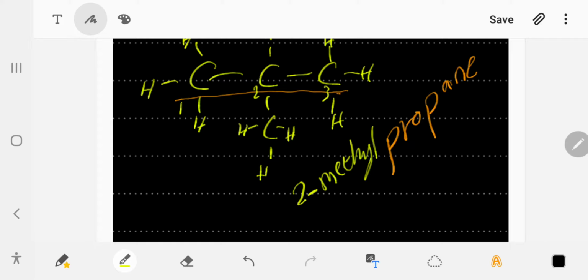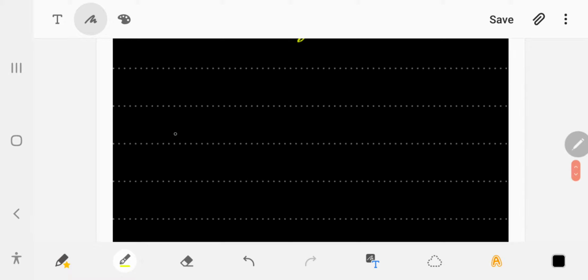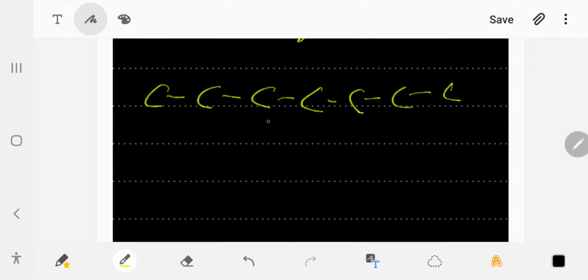And when we number the carbon atoms, we have to make sure that we start from the side that ensures the lowest number for the alkyl group. For example, if we have 1, 2, 3, 4, 5, 6, and we have 7, and here we have CH2, CH3.